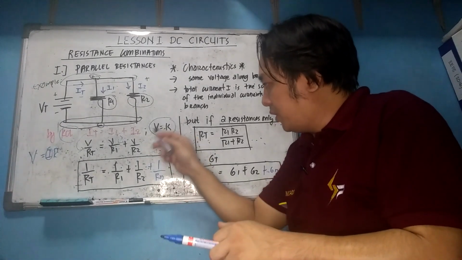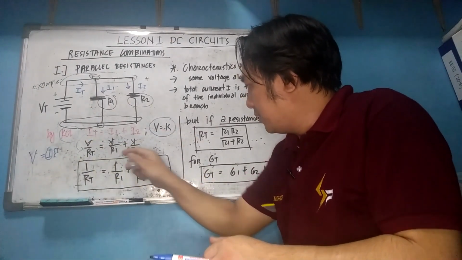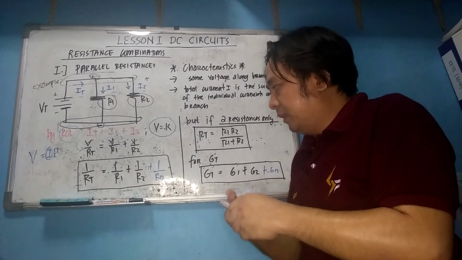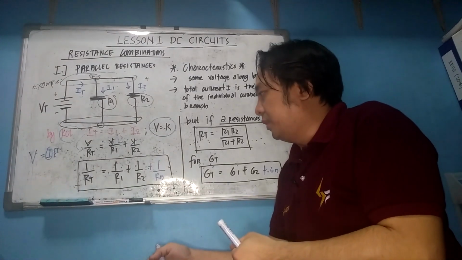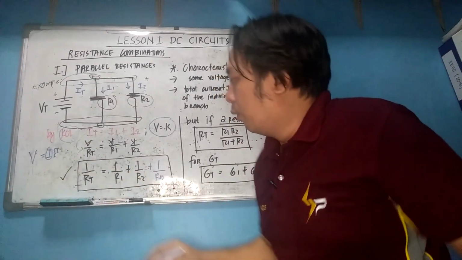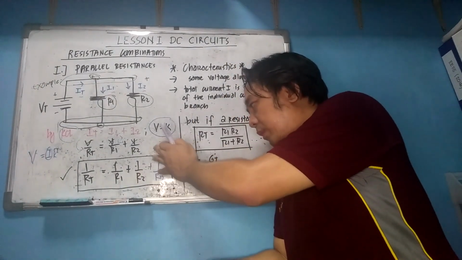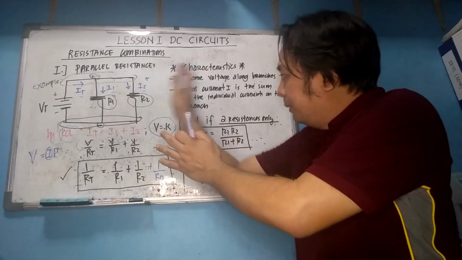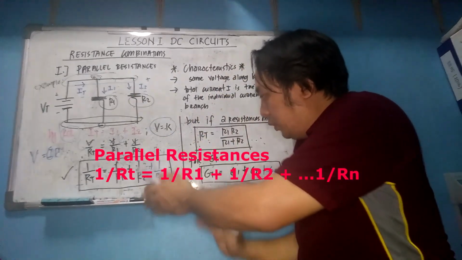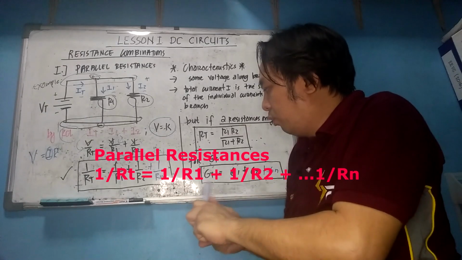Now, you can see voltage is constant, so the voltage will cancel out eventually, leaving behind the most important part of the discussion here, the formula for parallel resistance. 1 over RT is equal to 1 over R1 plus 1 over R2. But if you have plenty of resistances or branches after R2, you can have plus 1 all over Rn.